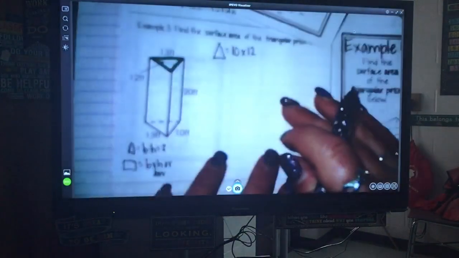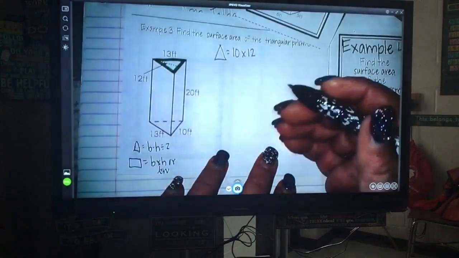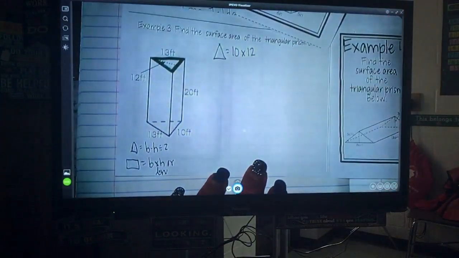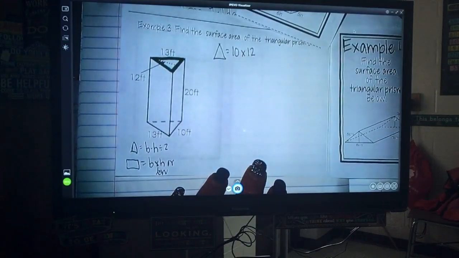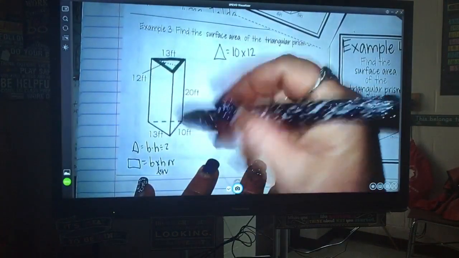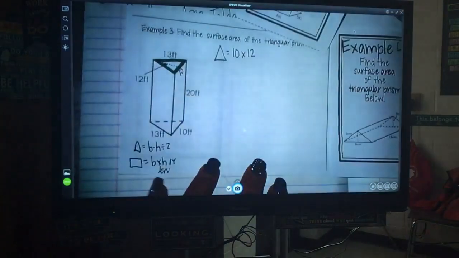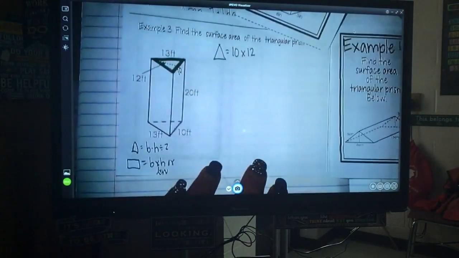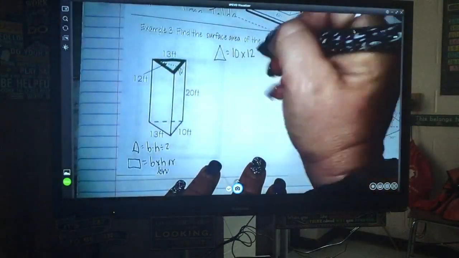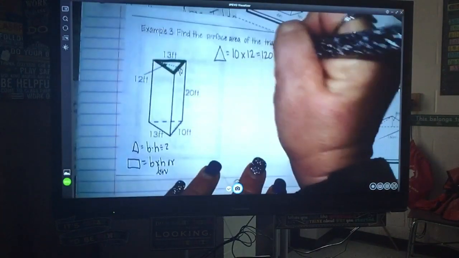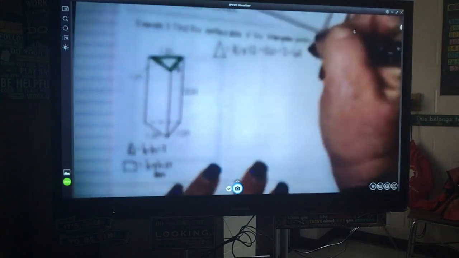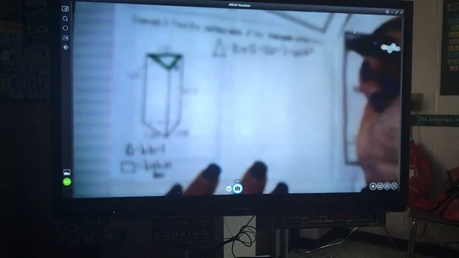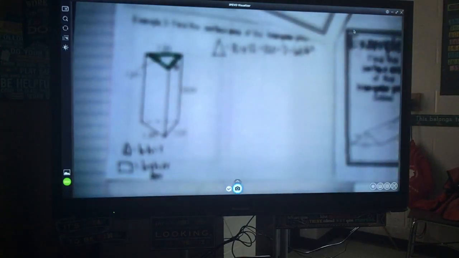Yeah, it's 10 and 12. So because the base down here is 10, we know that this one is also 10. So what's 10 times 12? Corbin. And divided by 2. 60 feet squared. Yes.